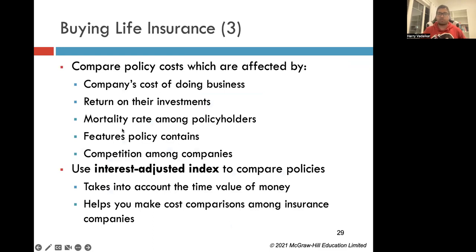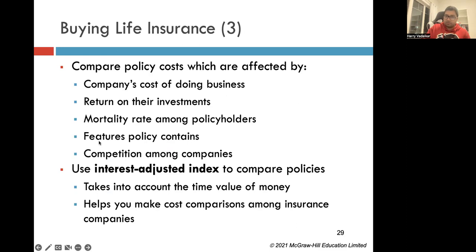That is also important. Whenever you're buying life insurance, compare policy cost, because through different companies the cost is different. Companies' cost of doing business will impact it. Return on their investment will impact the insurance cost.